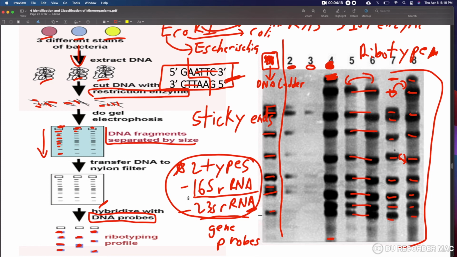Your conclusion will thus be more accurate using the ribotype than using a whole genome to identify and compare the organisms. So that's how you use ribotyping.